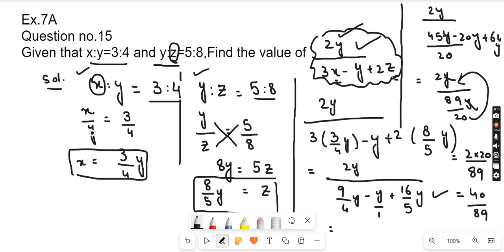So you can write x by y as 3 by 4, and from here x will be equal to 3 by 4y. And from here you have to calculate the values of x and z, not x and y, x and z. It will make your question easy. Then you place them in the question, the x value in place of x and this value in place of z.